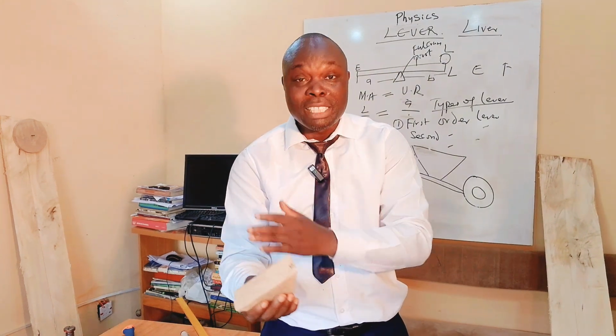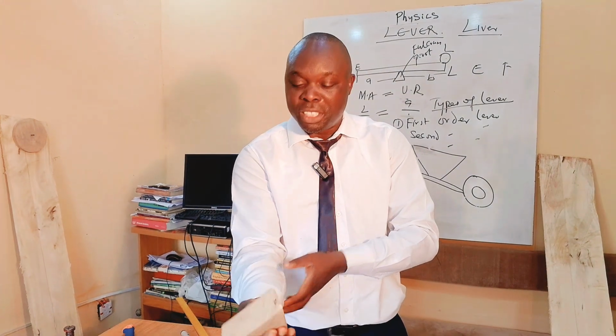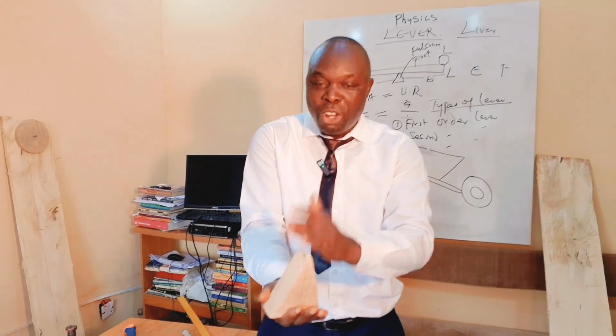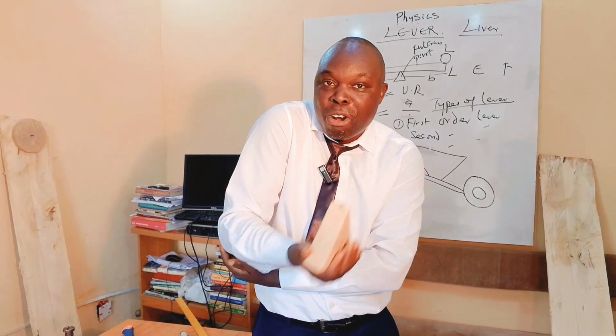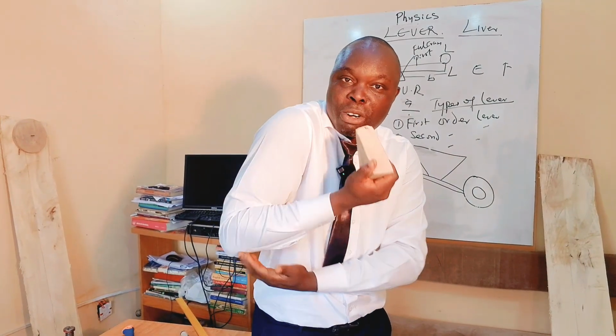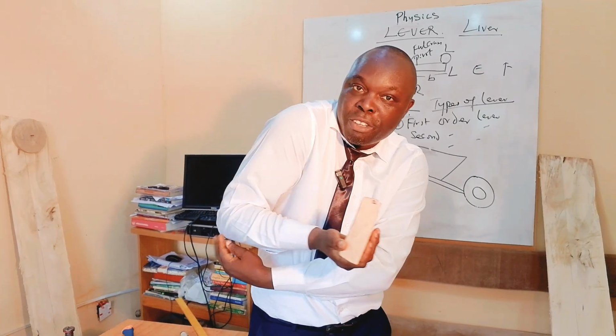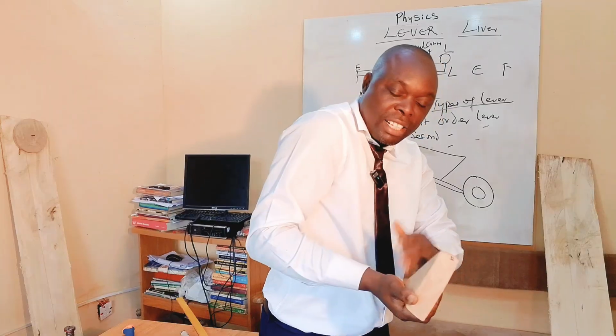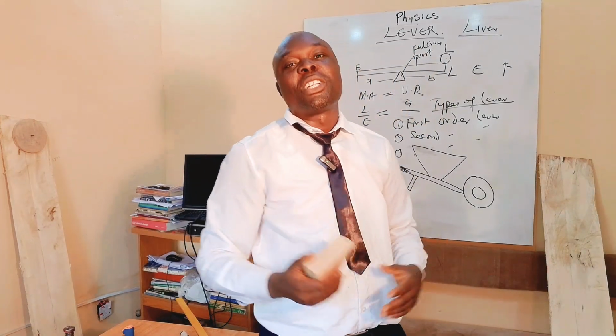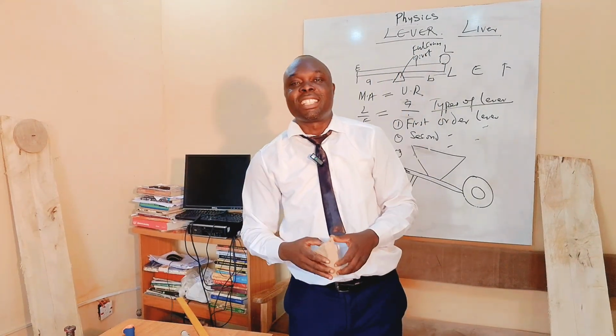Do you agree that your hand is a machine? It works like a machine. Here is the load. Here is the fulcrum. And here is the effort. So the effort is between the fulcrum and the load. Third order lever. That is how it is.